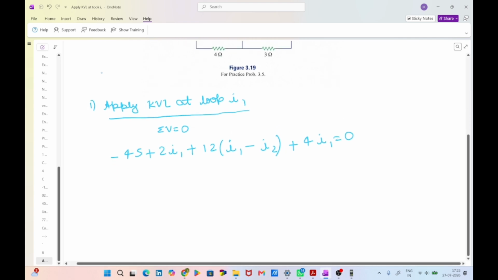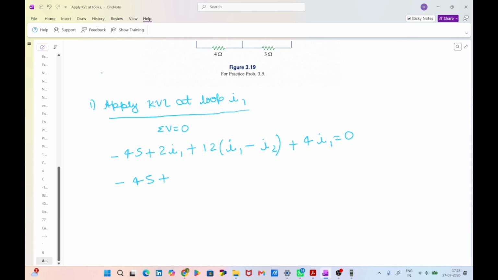Then I will slightly move this above: minus 45 plus 2 plus 12 plus 4, that is 14 plus 4, 18 I1, and then minus 12 I2 is equal to 0.